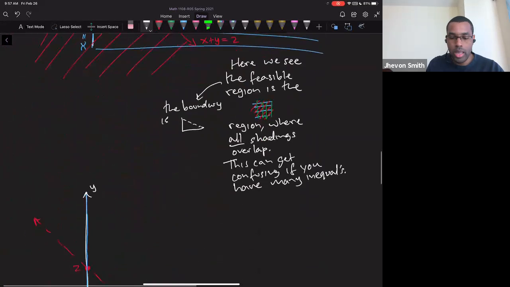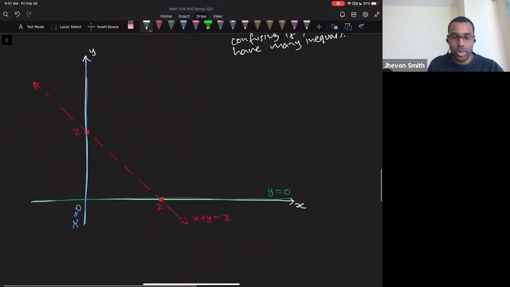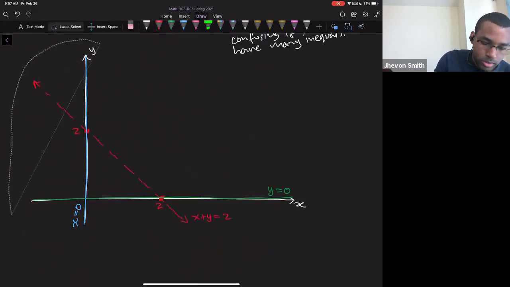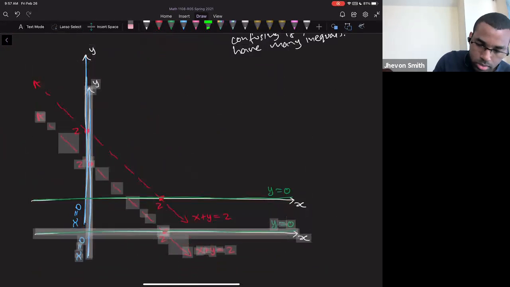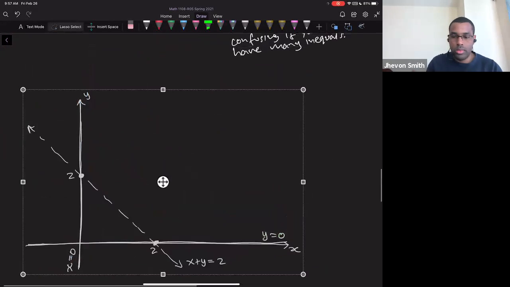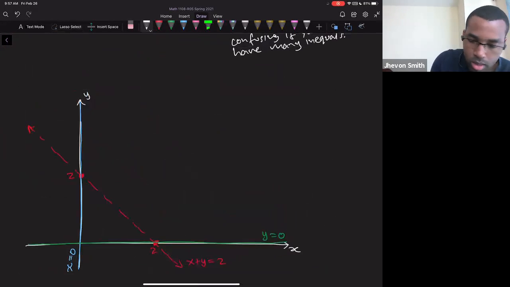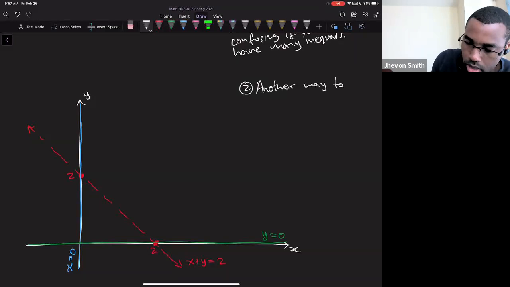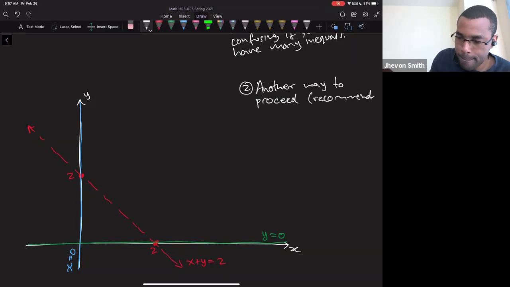Now, another way to proceed, probably the recommended way, is to use arrows.